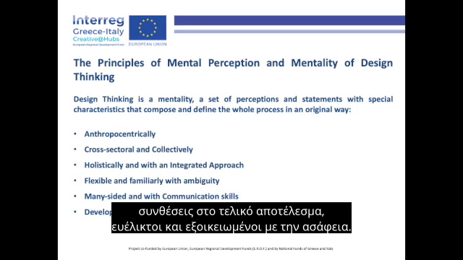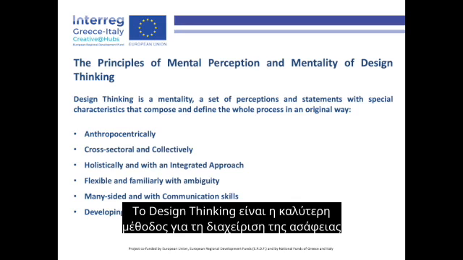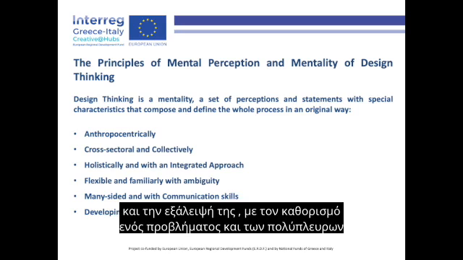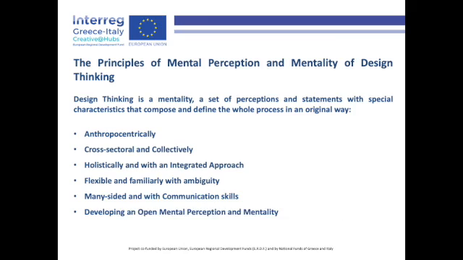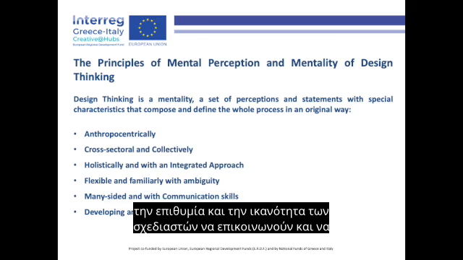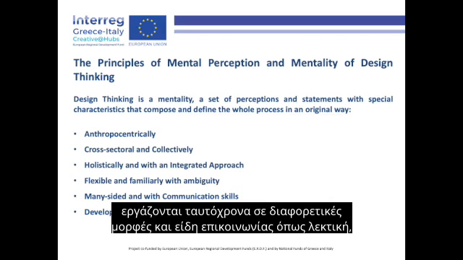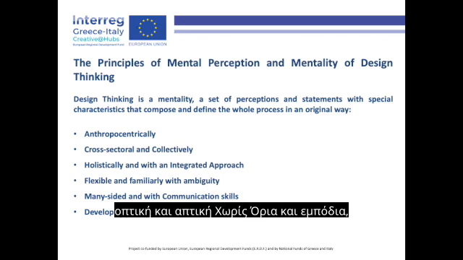Flexible and familiar with ambiguity, design thinking is the best method to manage ambiguity and doubt by defining a problem and the opportunities. Many-sided and with communication skills. The desire and the skill of designers to communicate and work simultaneously in different forms and types of communication such as verbal, visual and tactile without limits and barriers.